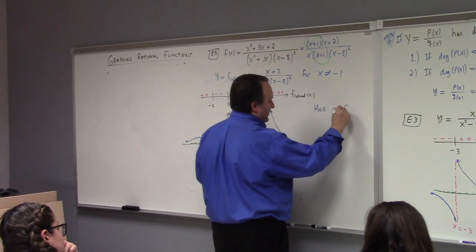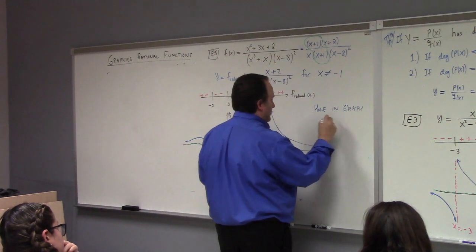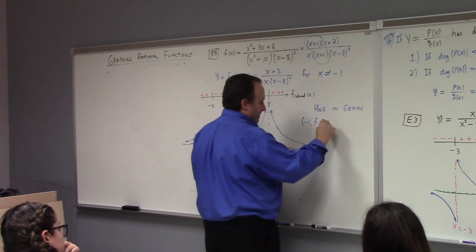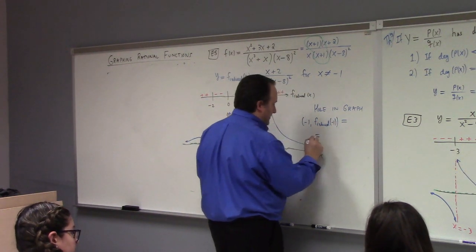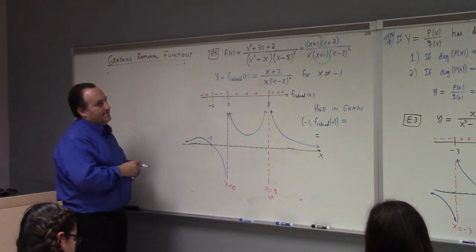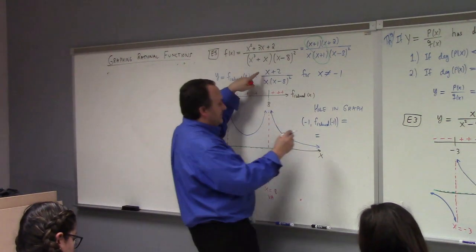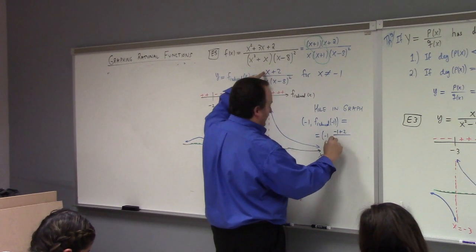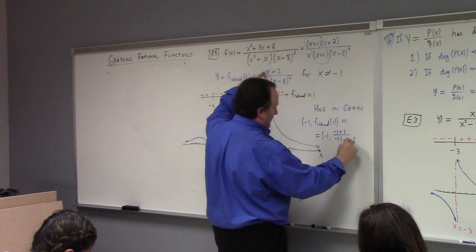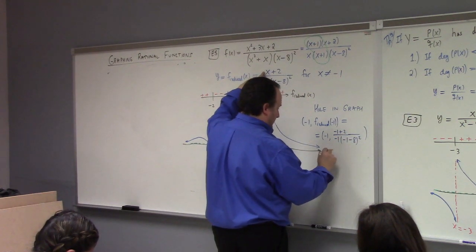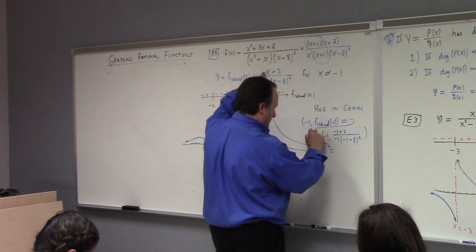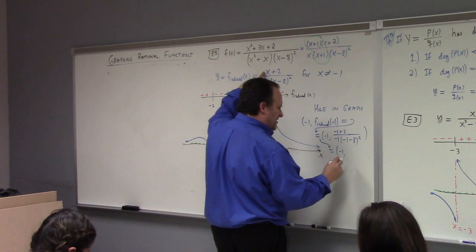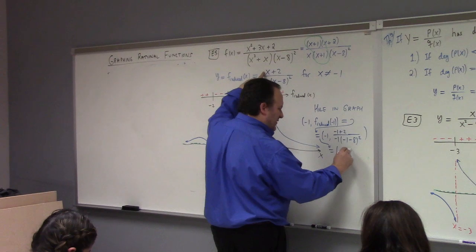Hole in graph where? At -1. So it's at -1 comma the reduced function of -1. So what's that equal to here? I plug in -1 into my reduced function, I get -1 plus 2 divided by -1 times -1 minus 8 squared, which apparently is equal to, I guess that's a 1 over 81?